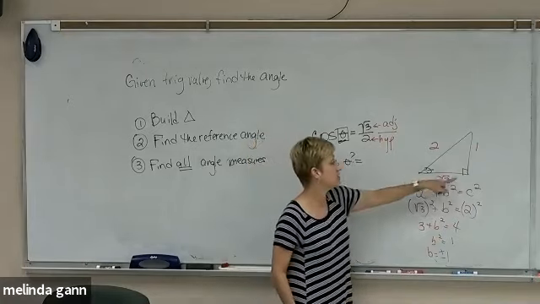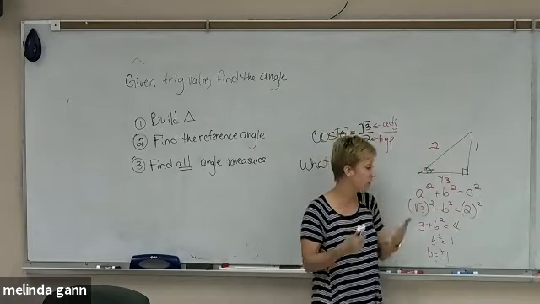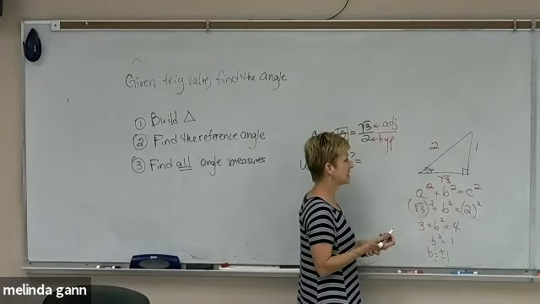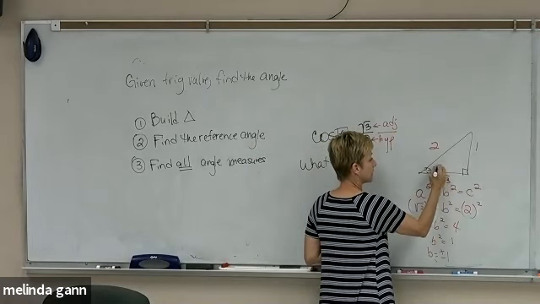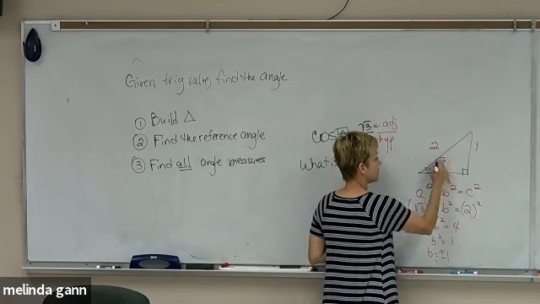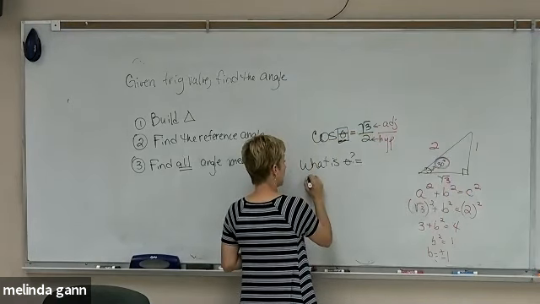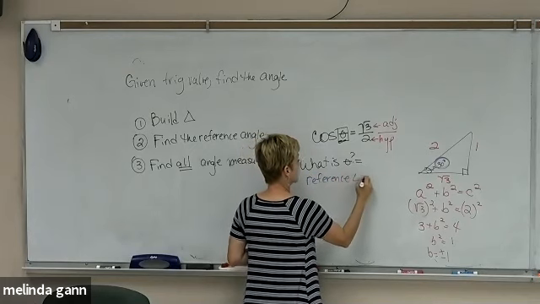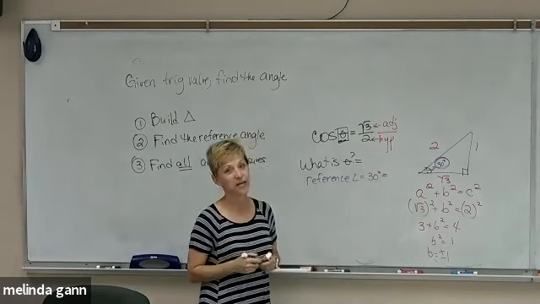Now, as soon as you see these numbers, it should pop in your head, oh my goodness, that's a 30-60-90 degree triangle. Well, on the 30-60-90, remember we talked about what's across from the 1? Is that the 30 or the 60? Do you remember that's the 30 degrees? So my reference angle is 30 degrees. Now, remember what I told you, we don't use degrees, we use radians.